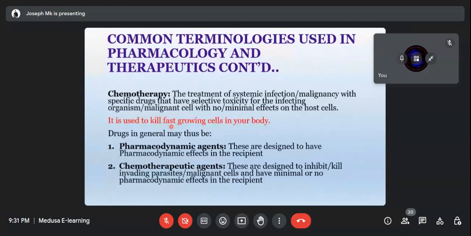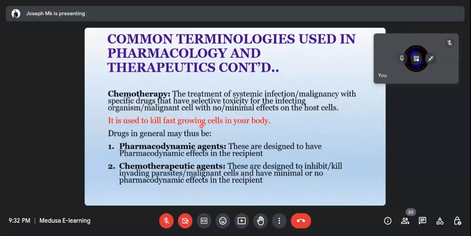So they advise you to undergo chemotherapy, mostly for people who have cancer, tumors, things like that. Cancer cells are fast growing, same as tumor cells, and they grow as fast as possible. So you use chemotherapy.